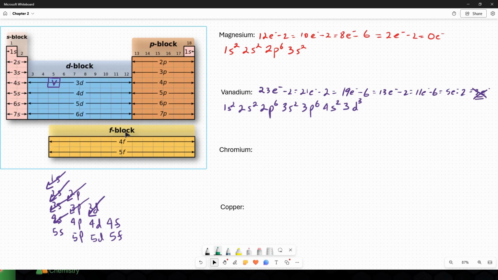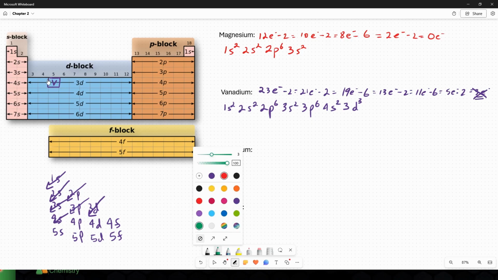Now, when we do this, you have to remember that the period for the s and the p blocks is going to be the energy level. But for the d block, we won't worry about the f block because it doesn't appear in the curriculum. But for the d block, it's the period minus 1. So when we're over here in vanadium, even though it's in the 4th period, it's not going to end in the 4d sublevel. Instead, it's going to end in the 3d.